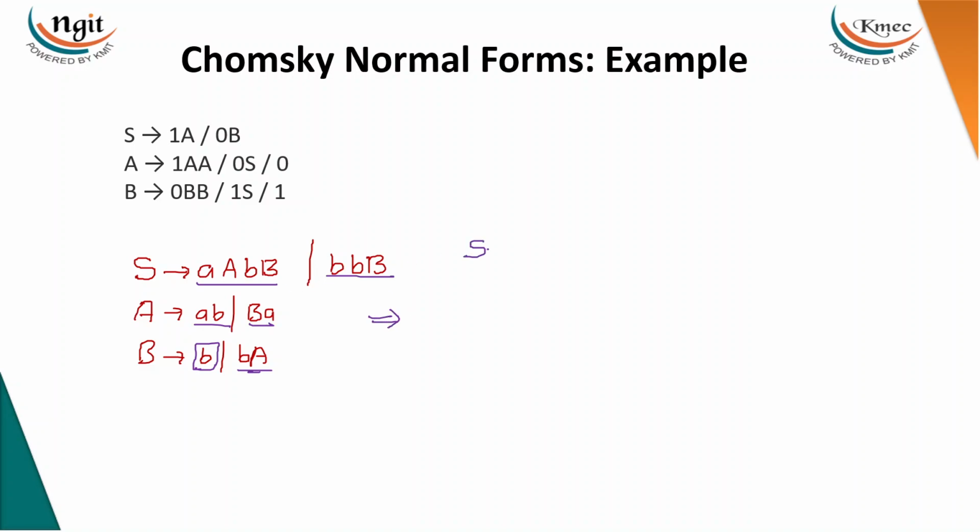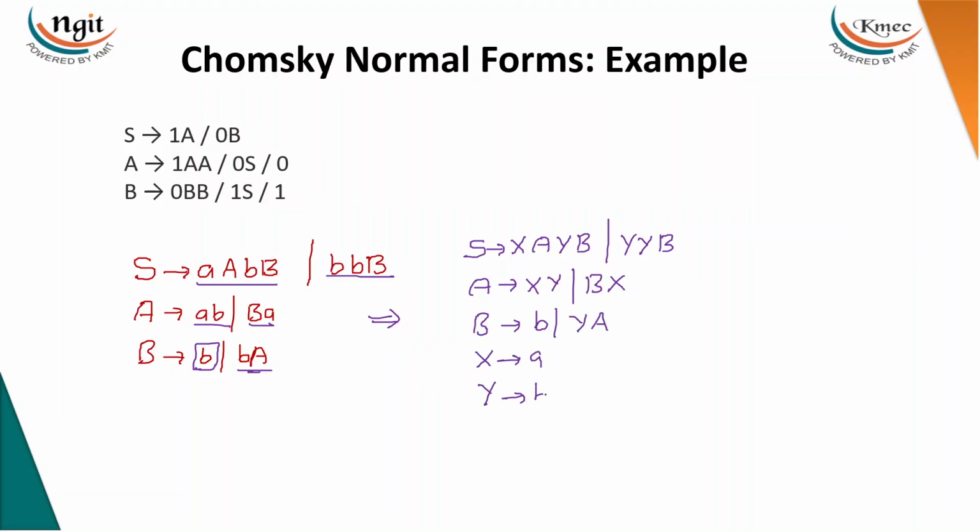Then we can write S tends to, replacing all the A's with X and B's with Y. Then A tends to XY or BX, then B tends to B, then YA. What is X here? A. What is Y here? B. Simple logic. Now we again have 3 non-terminals here.